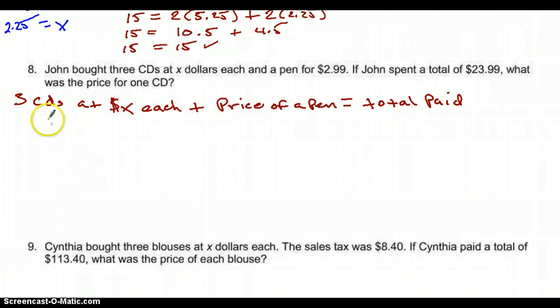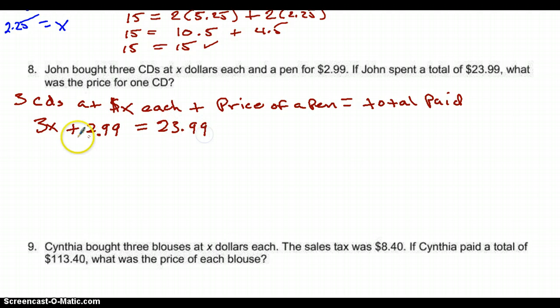So 3 CDs at X each, so that'll be 3X plus the pen was $2.99 is equal to, and I paid $23.99. Of course, now since this is adding, let's subtract $2.99 from both sides. That's going to come to 0.